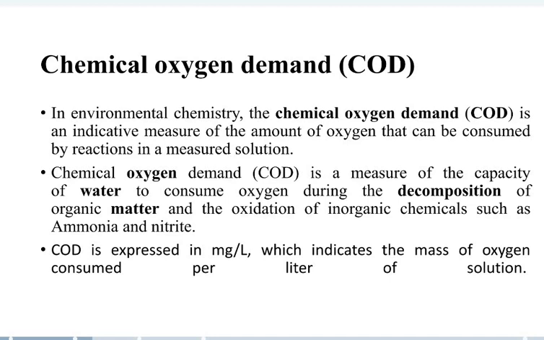My friends, chemical oxygen demand is a measure of the capacity of water to consume oxygen during the decomposition of organic matter and the oxidation of inorganic chemicals such as ammonia and nitrite. This is also a very important point: chemical oxygen demand is expressed in milligrams per liter, which indicates the mass of oxygen consumed per liter of solution.